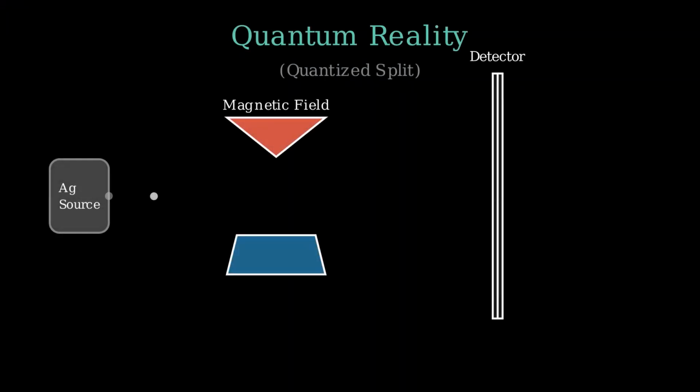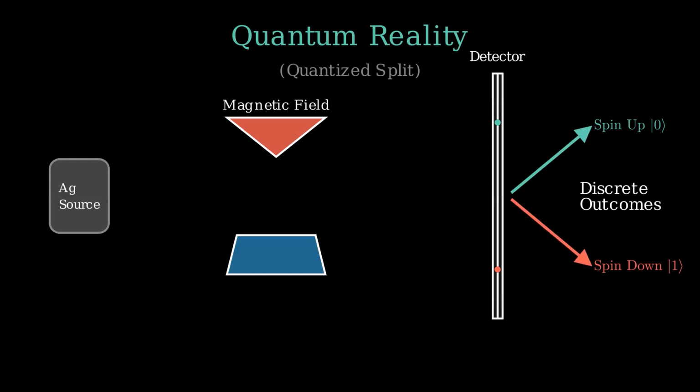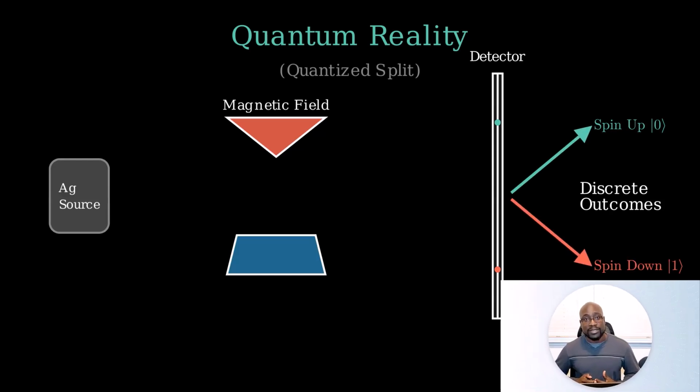Not a smear, not a gradient, two discrete outcomes. The silver atom spins were either up or down relative to the magnetic field with no in-between states. This experiment provided direct evidence for quantum superposition and the quantization of angular momentum. It's the principle behind how we create and read qubits in many quantum computers today.